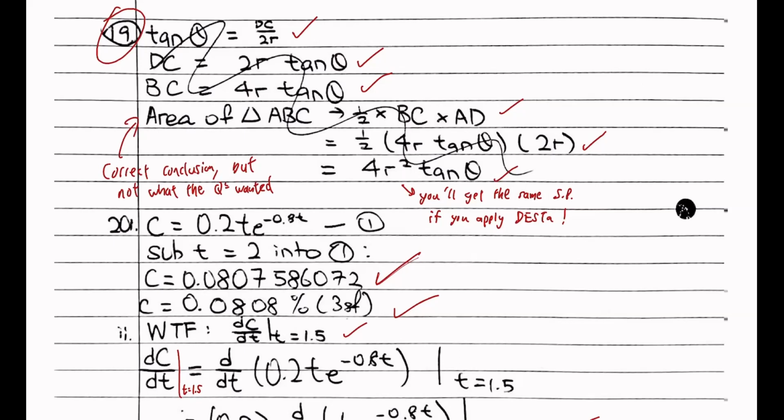Oh, it's wrong. Sorry. Nope, wrong. It's not DC over 2r. It's not 2r. OD is not a radius.